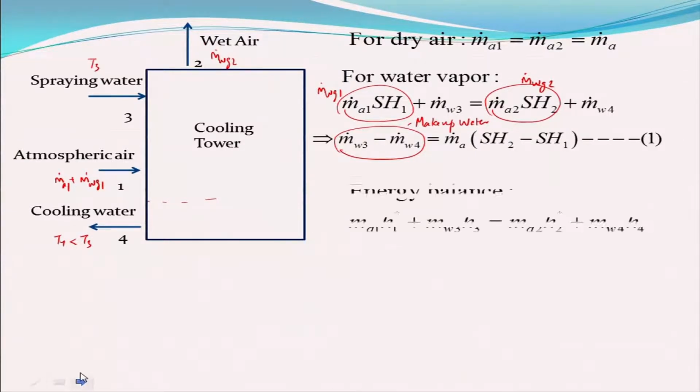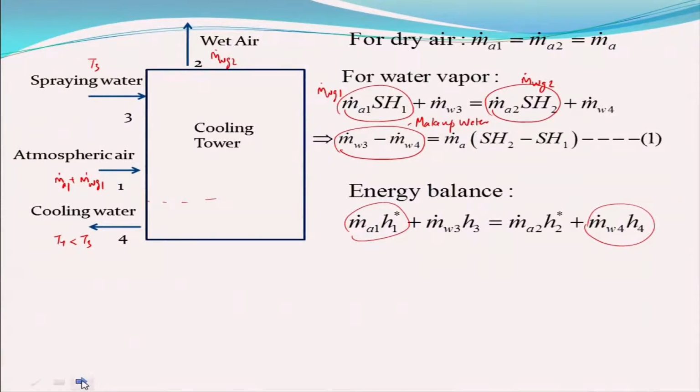And we can do the energy balance. That is, the enthalpy at station 1, plus the enthalpy entering the cooling tower through the spray bar, is equal to the enthalpy going out at the exit, plus the enthalpy of the cold water going out from the cooling tower.